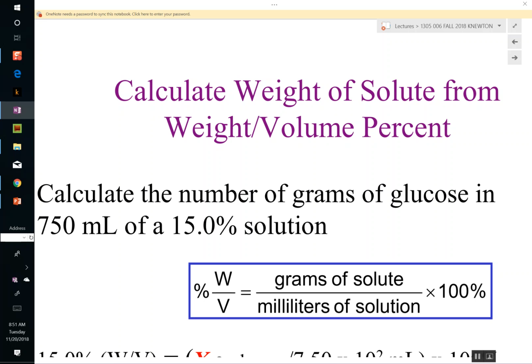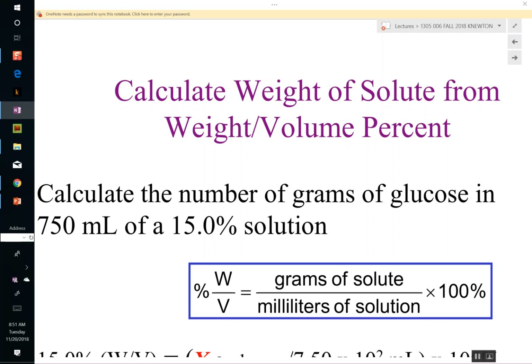If we set this up the way I normally do, if I divide this by 100%, then I need to divide this by 100%.